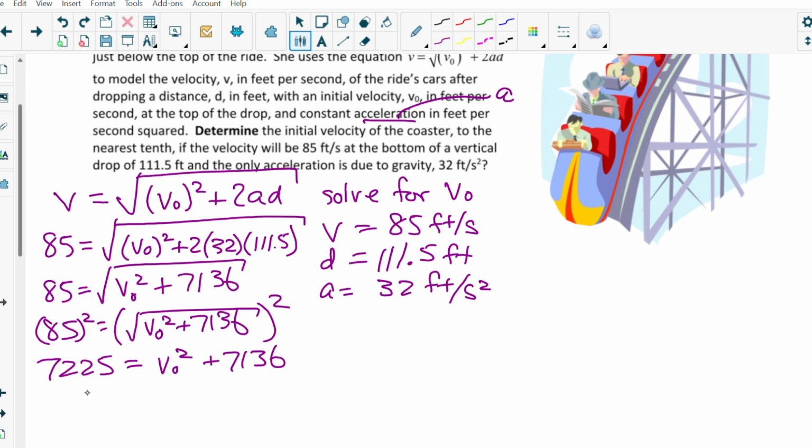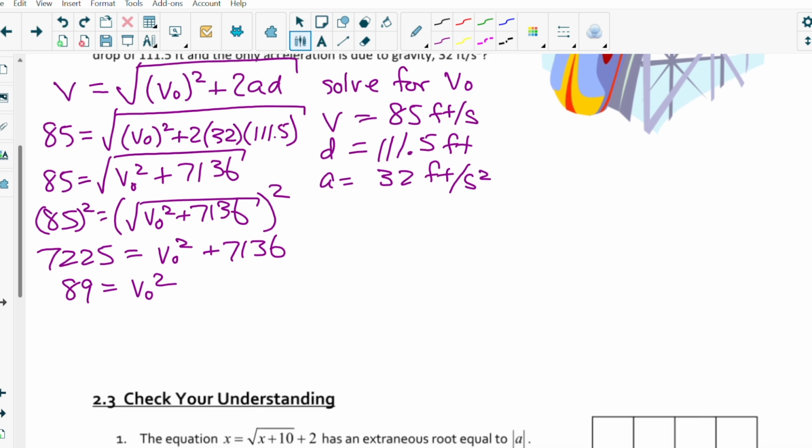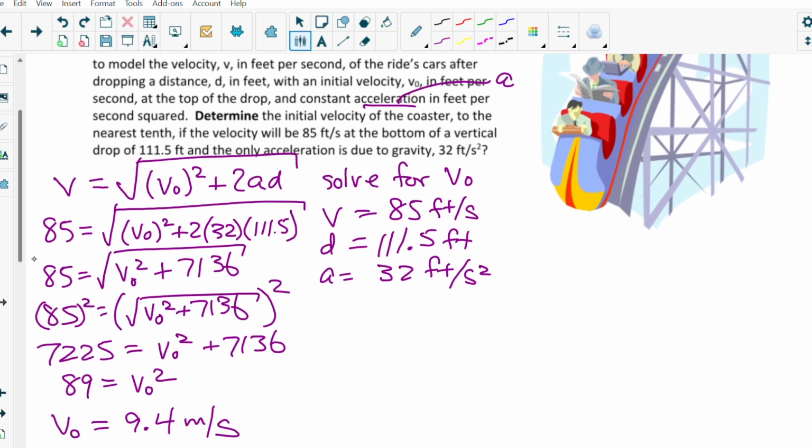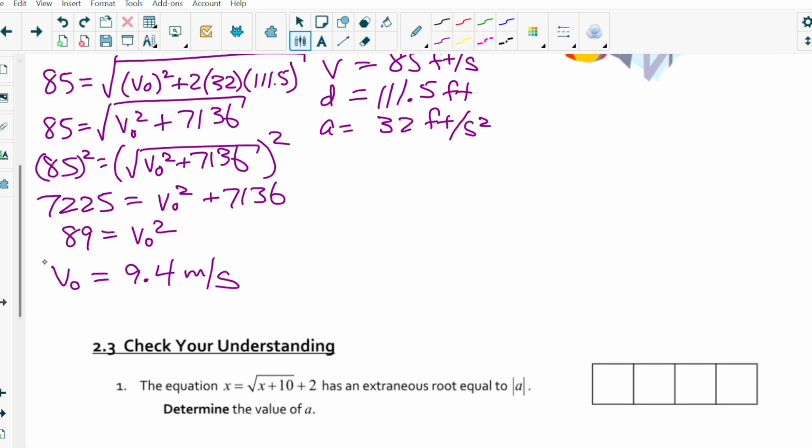Subtract 7,136 from both sides. I get 89 equals V naught squared. And V naught equals 9.4 meters per second. So we wanted to determine the initial velocity to the nearest tenth. So 9.4 meters per second.